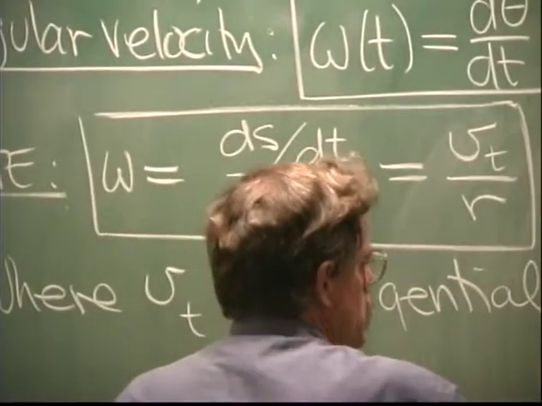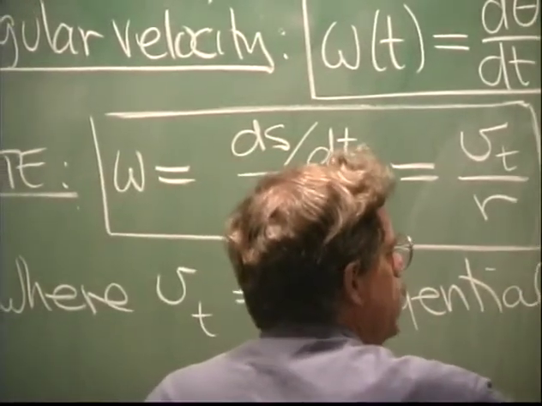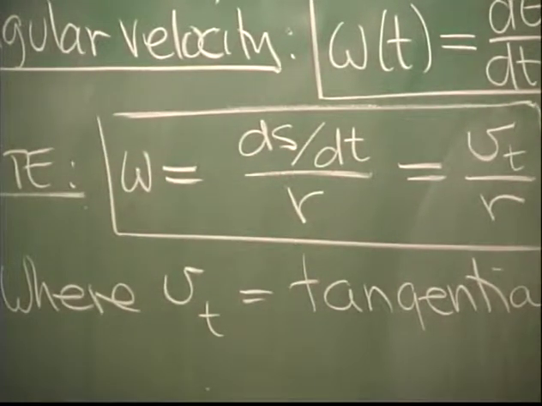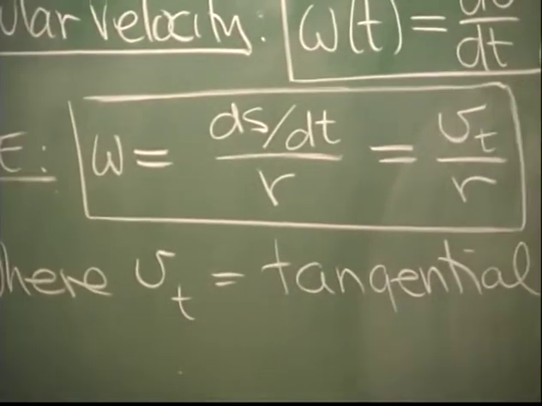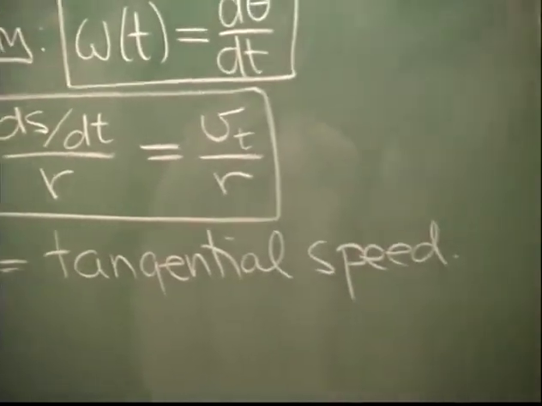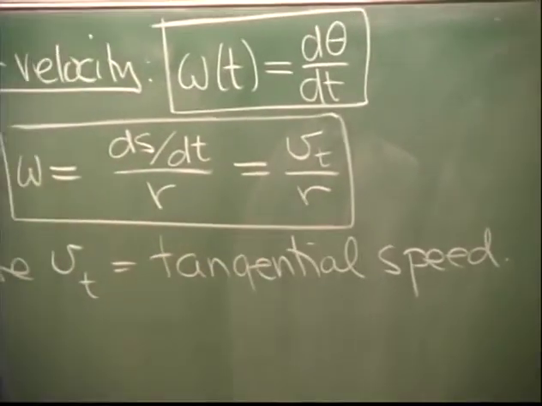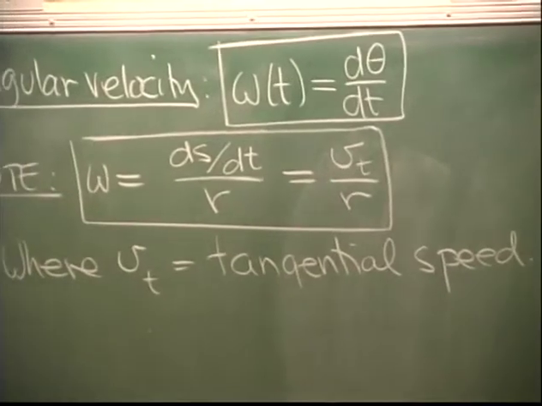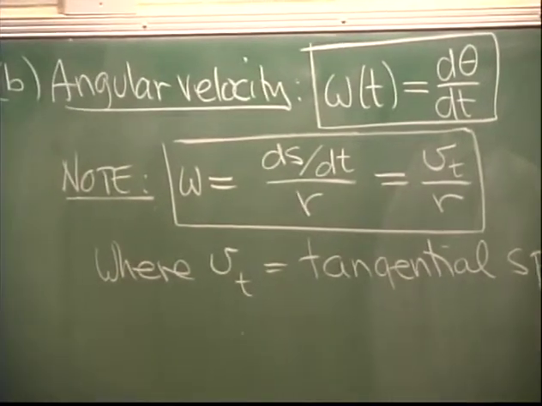Let's say the tangential speed because it's directly tangent, of course. So there's a relation between the speed at which a point is moving around on that circle and the angular velocity, to wit, omega is equal to that speed divided by the radius. Nothing fancy there. It follows just from the definition of theta in radian measure.